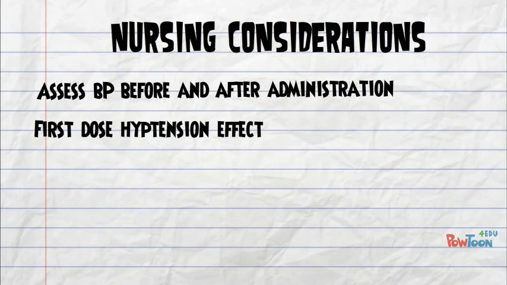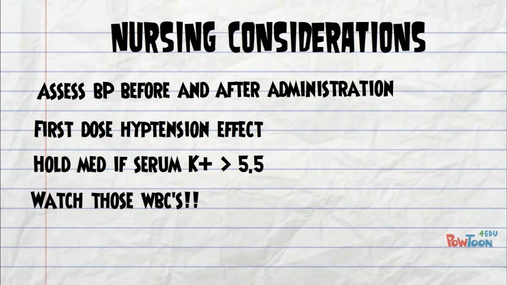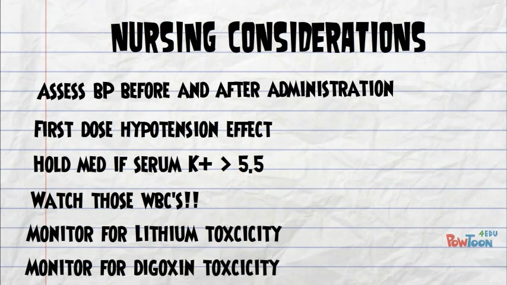We would also monitor serum potassium levels and would not administer the drug if the potassium levels were greater than 5.5. Monitoring a patient's white blood cell count is also important for the nurse to do because patients on ACE inhibitors are more at risk for neutropenia. Also, patients taking lithium and digoxin also have to be closely monitored because of the increased risk for toxicity from these drugs.